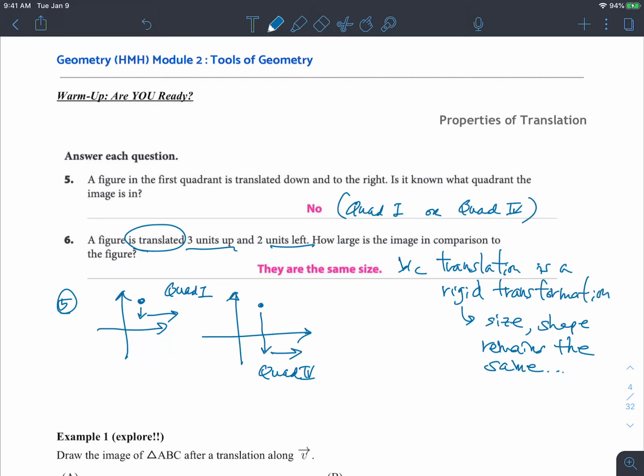There you go. So try to provide a little bit more context instead of just yes or no.